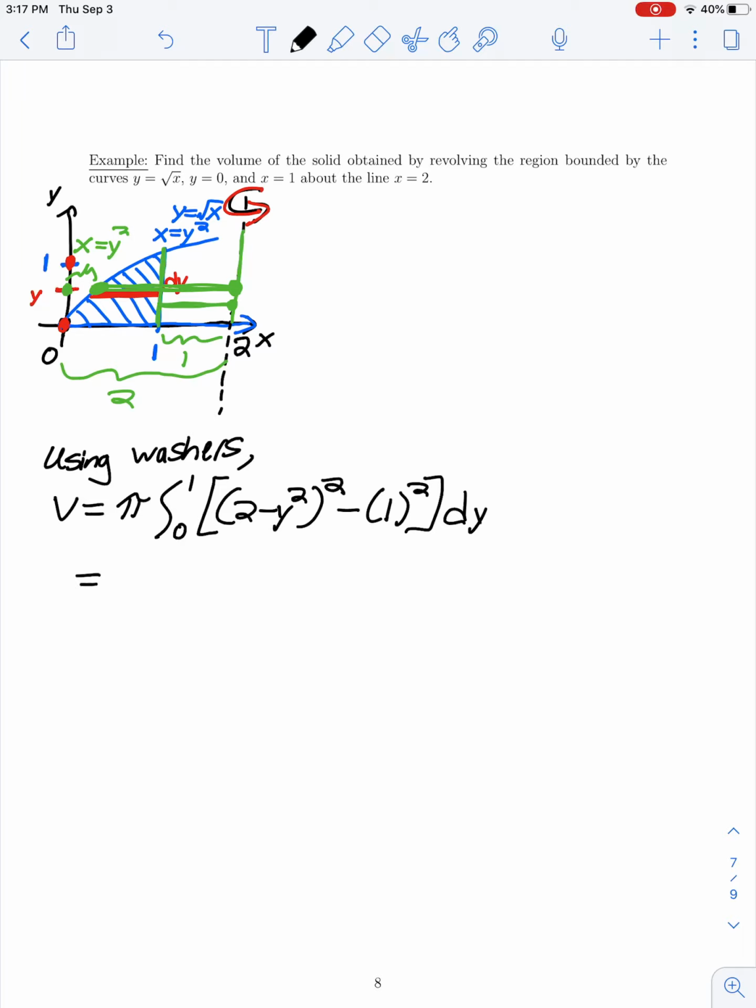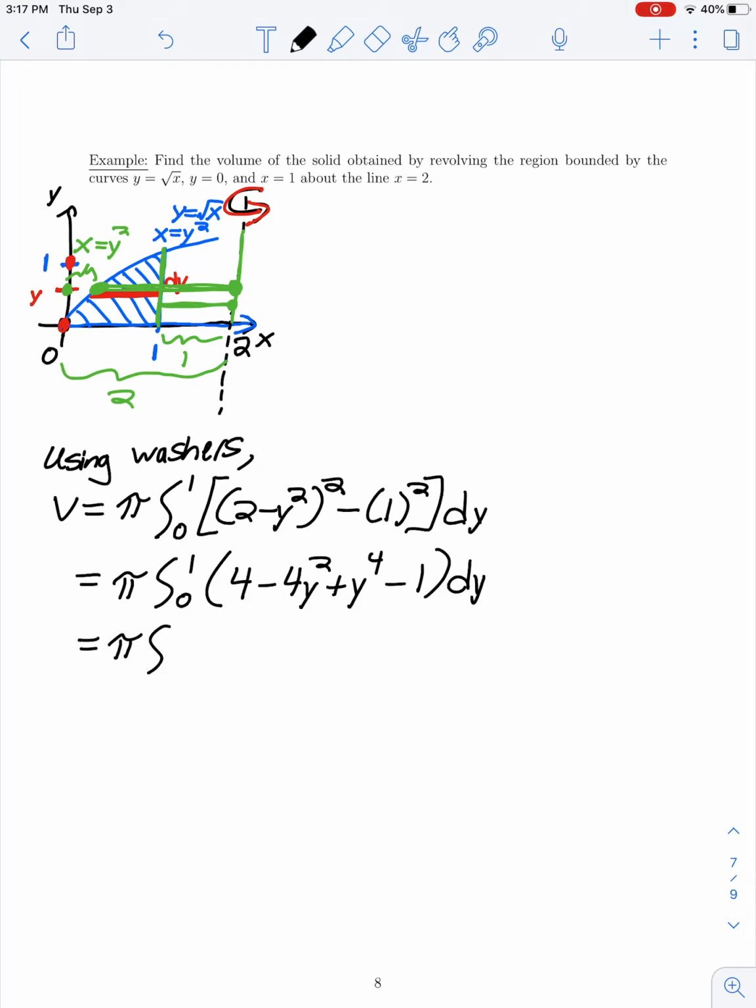Once we have this set up, we're ready to integrate, so we need to expand. And we have pi times the integral from 0 to 1 of (2 minus y squared) squared, which would give us 4 minus 4y squared plus y to the 4th, minus 1 squared, which is 1, dy.